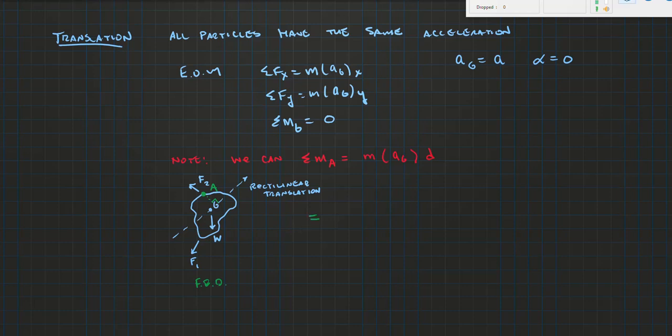Then over here in the kinetic diagram, we have mass times acceleration of g along the line of action here. This d distance here is the d that's represented up here. We would have to take this into account, and that's only if we sum moments about a point that is not the center of mass.